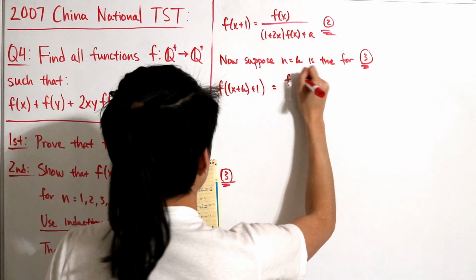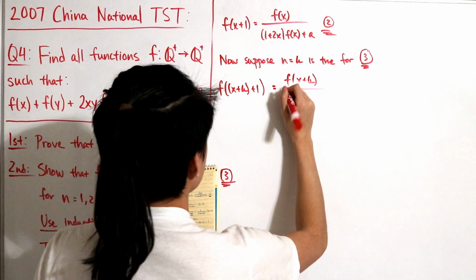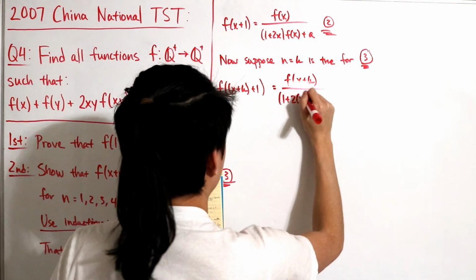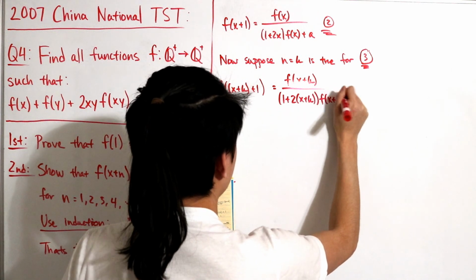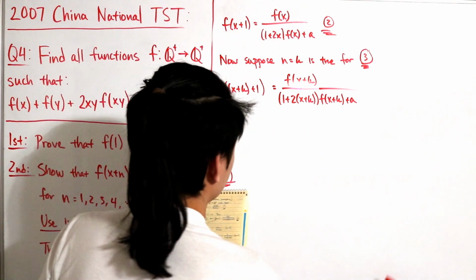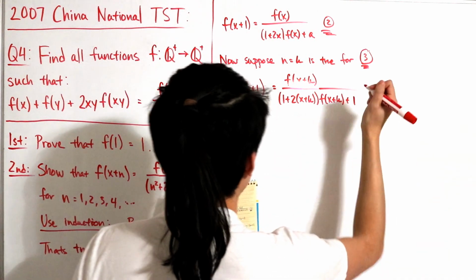That's the justification. So we have x plus k divided by 1 plus 2 times x plus k, then multiply by f of x plus k, and then add a. Actually, I'll put that back as 1, because we already solved that a is equal to 1.